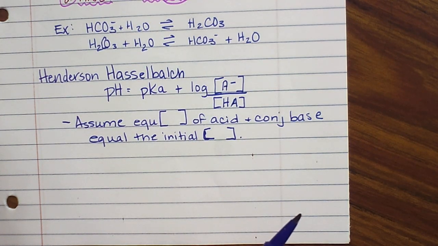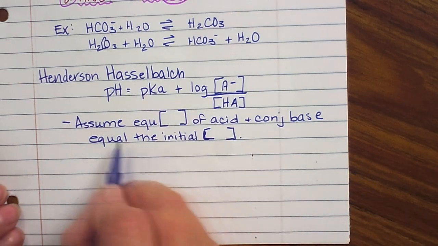Because they're weak acids and weak bases, they switch places. You add the weak base, it takes on the hydrogens and becomes the weak acid. You add the weak acid, it gives up hydrogens and becomes the weak base. So they switch places back and forth constantly. But you have to add in each part of it, okay?